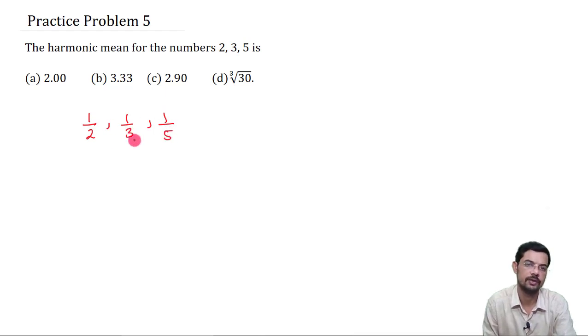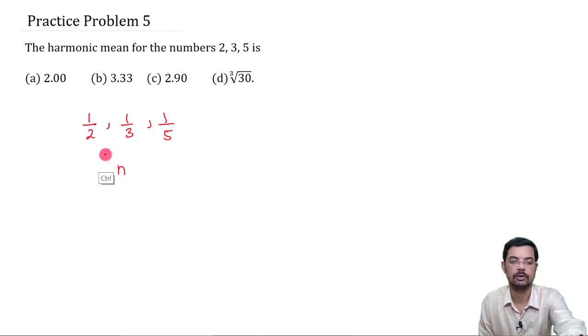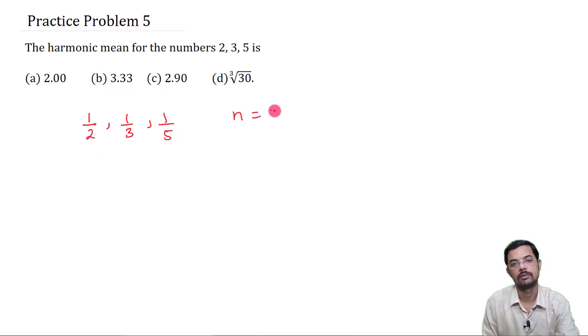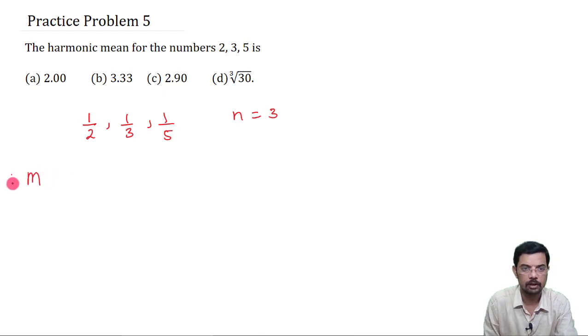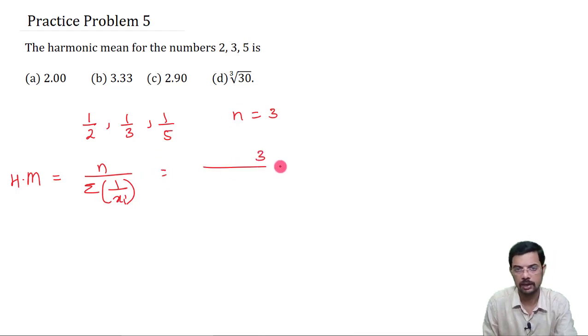We know that harmonic mean is equal to n by sigma of 1 by xi. What is n? N is equal to 3, divided by the sum of all reciprocals, that is 1 by 2 plus 1 by 3 plus 1 by 5.